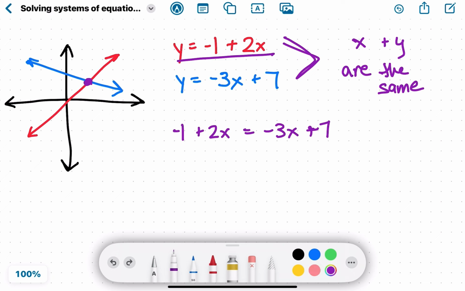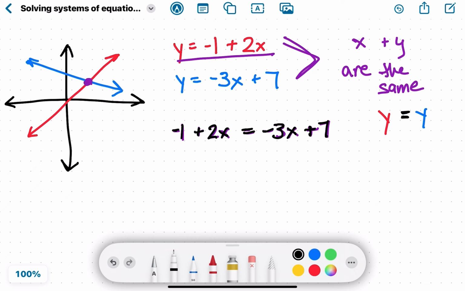If red y is supposed to equal the blue y, then we need to set them equal to each other, right? Because if they're equal, then they have to mean the same thing. So you would set them equal to each other, like so. Negative 1 plus 2x equals negative 3x plus 7. And from there, you solve.